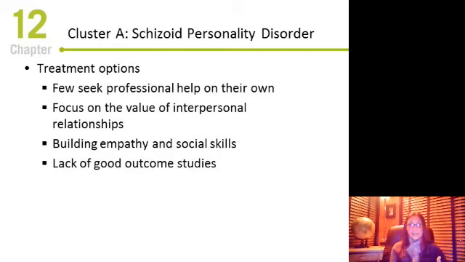Once they understand these things, then they can behave in a way that would help them maintain a solid relationship and sustain good, healthy relationships. But they need to understand these things first.